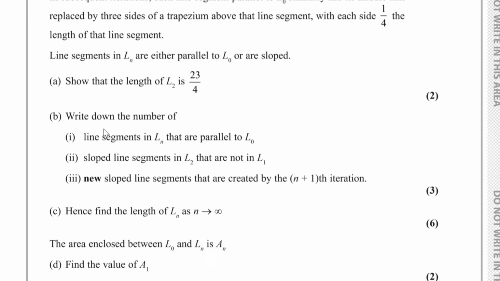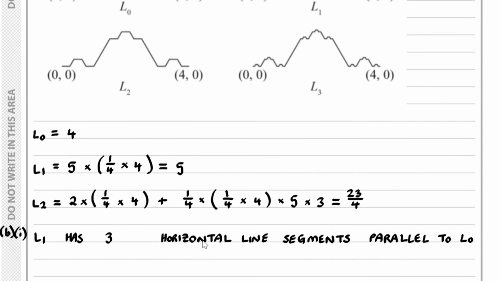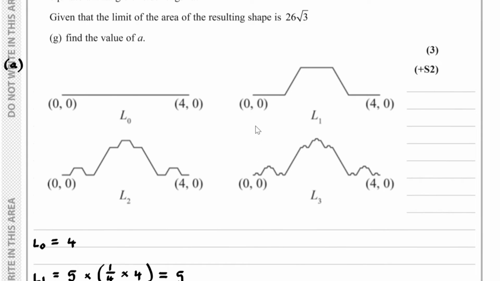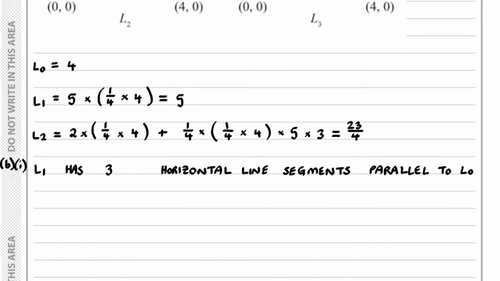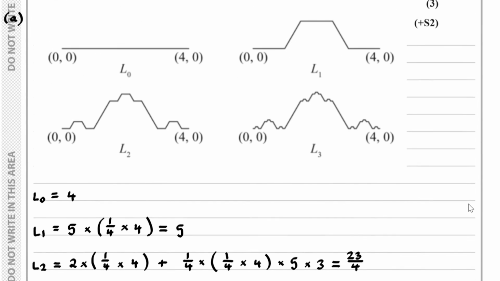For the next part, we have to write down the number of line segments in Ln that are parallel to L0. Well, L1, that's got 3 horizontal line segments parallel to L0. We've got 1, 2, 3. L2, that's got 9 horizontal line segments parallel to L0.